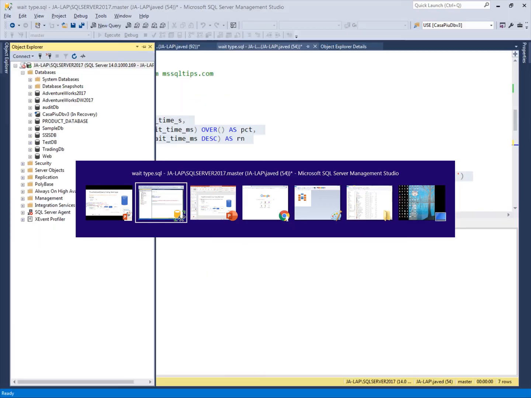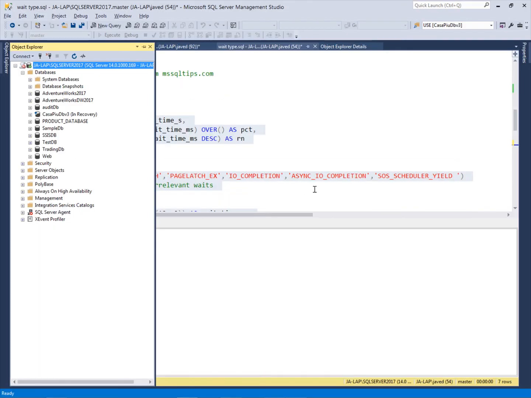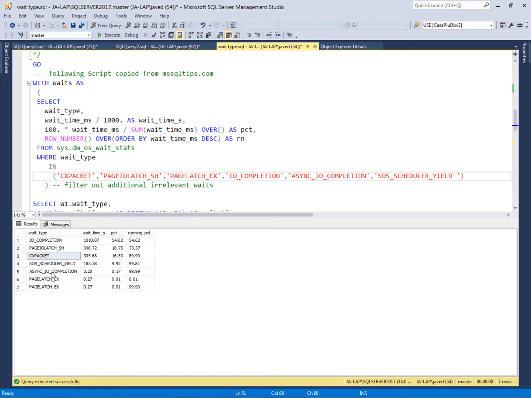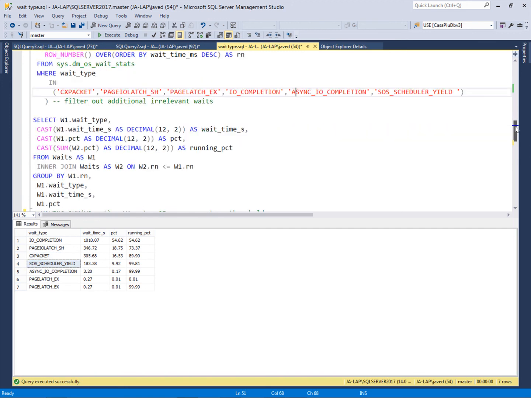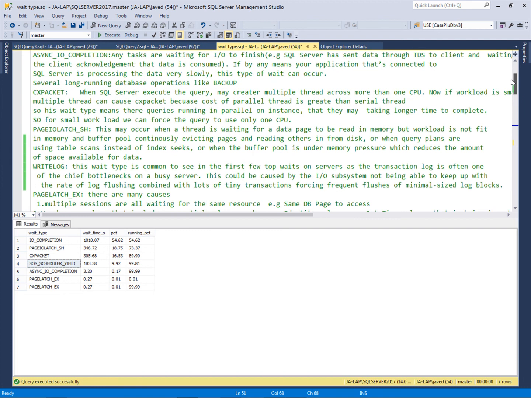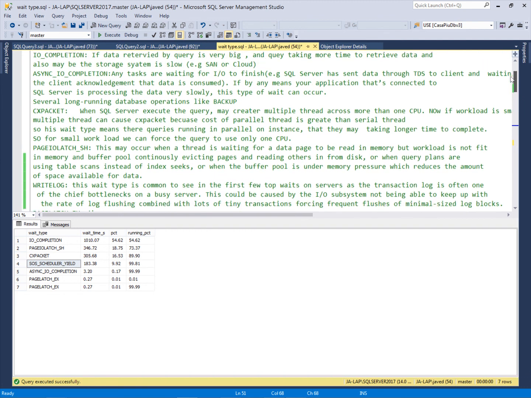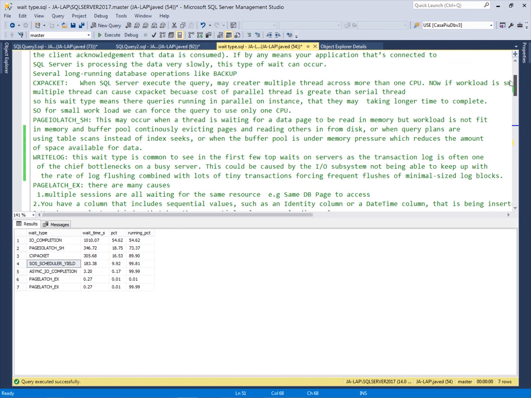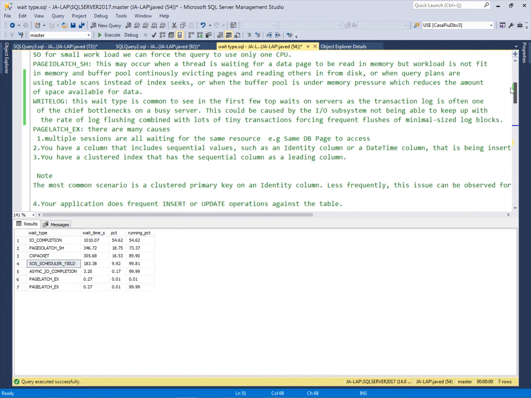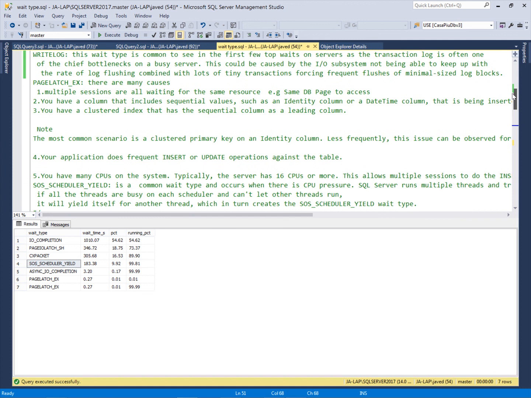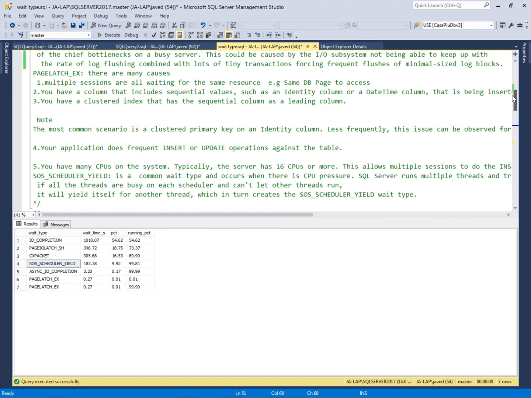And there are some other wait types which we have noted here. These are the SOS scheduler. SOS_SCHEDULER_YIELD is also a common wait type, which we can find when we execute this DMV, and it is also happening on the server. It normally shows that there is pressure on the CPU, with multiple sessions open.